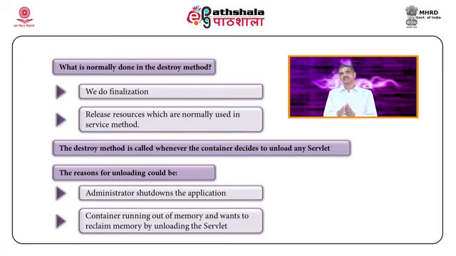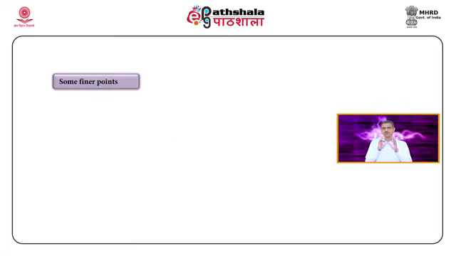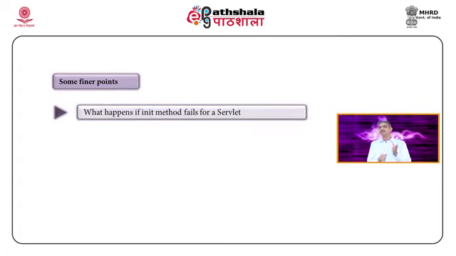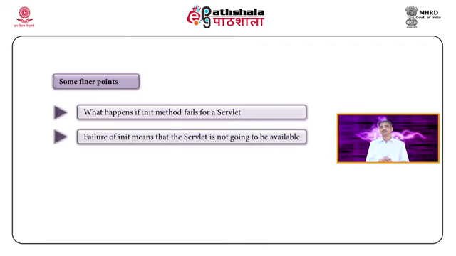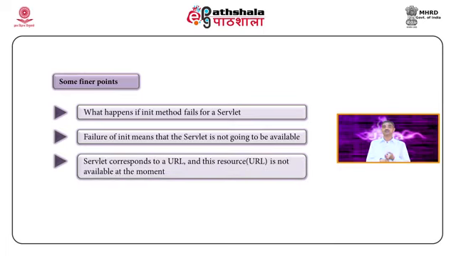Okay. Another thing, a few other finer points related to the init method. What happens if the init method fails and what are the failures? Init method failing means this particular URL, because remember a servlet corresponds to a URL, should not be working.